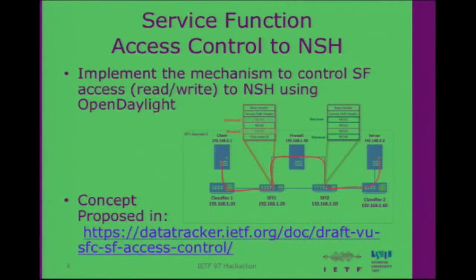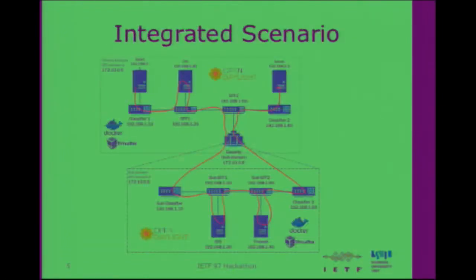So it would be an interesting idea in the working group. The result here is actually very difficult to see because we have to look at the flow table or the packet capturing. So if you're interested, we can show you a demo after.